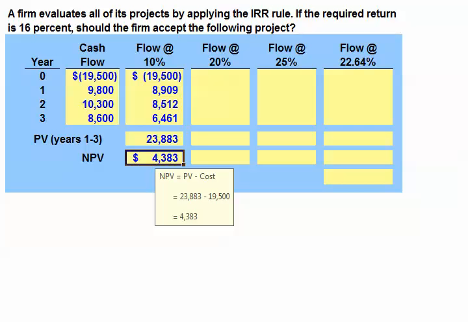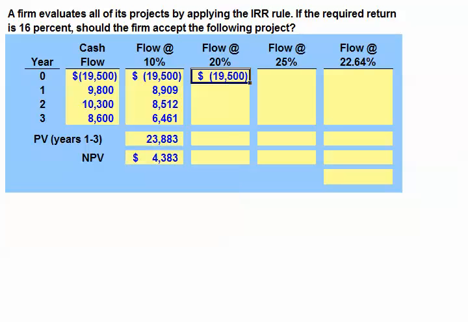Let's try a 20% interest rate. Again, the time zero cash flow's present value is simply $19,500. The time one cash flow of $9,800 needs to be discounted back for one period at 20%. The time two cash flow of $10,300 needs to be discounted back at 20% for two periods.